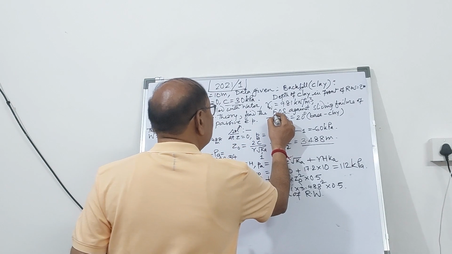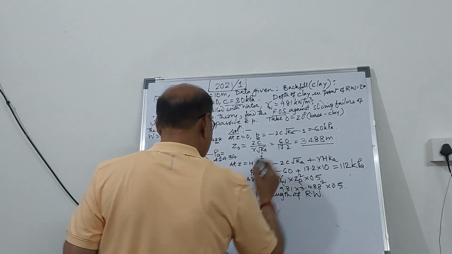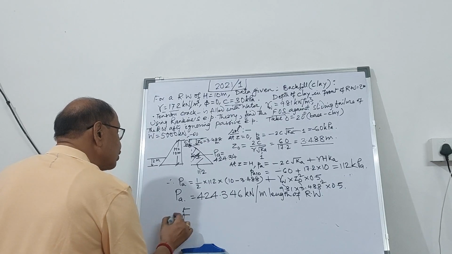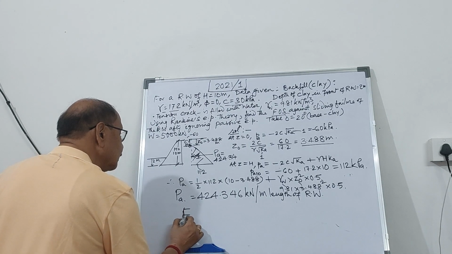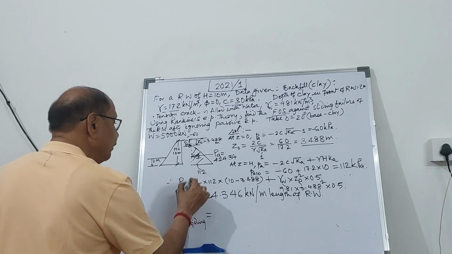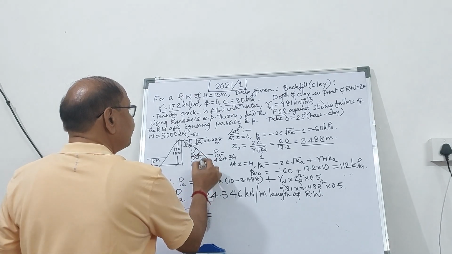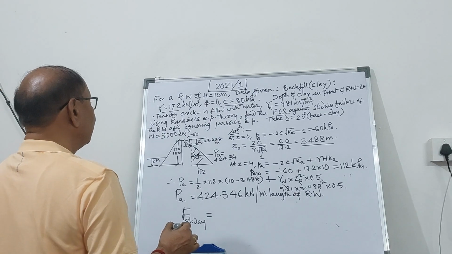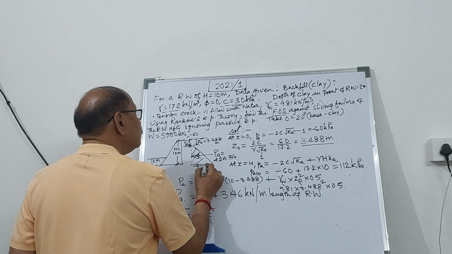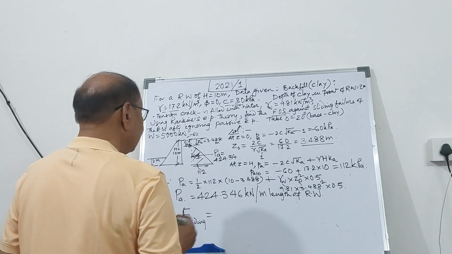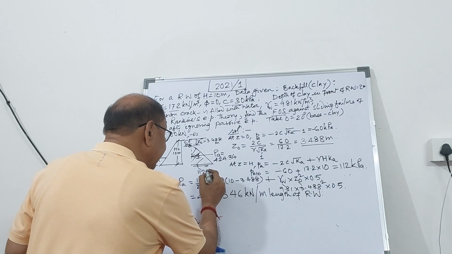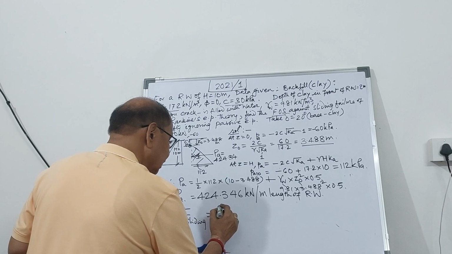Therefore, what is to be found out? Factor of safety against sliding. So factor of safety F against sliding will be, due to the weight, which is given to you, mu times W, the frictional force when you try to push it. So this will resist this active earth pressure.